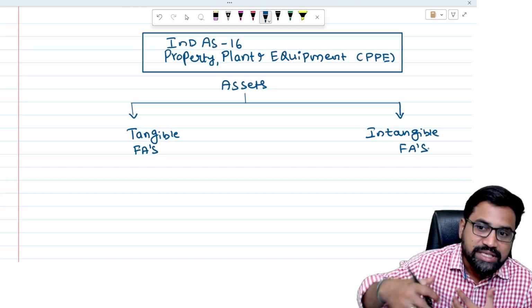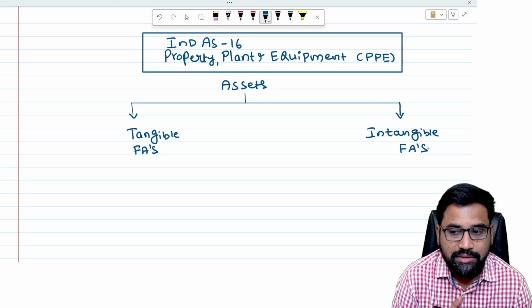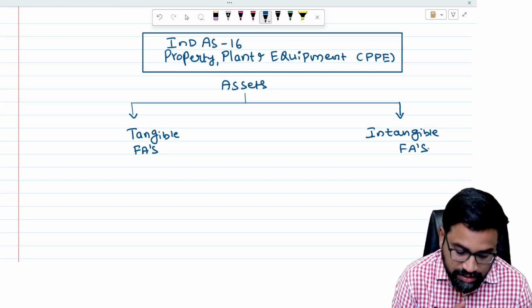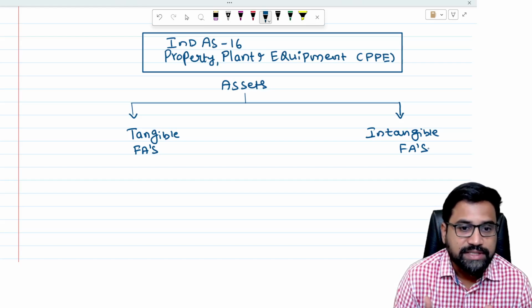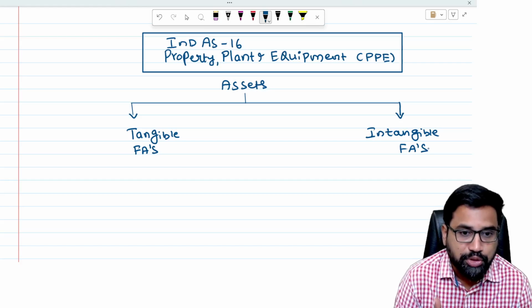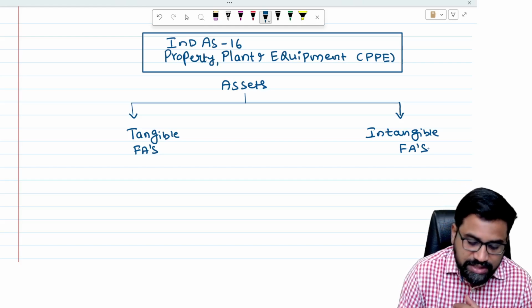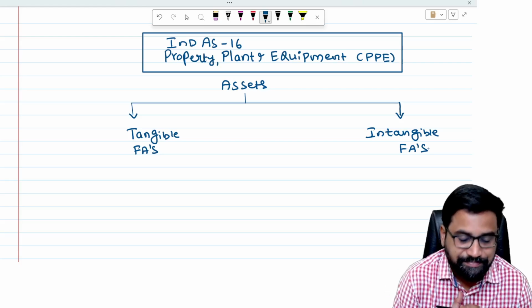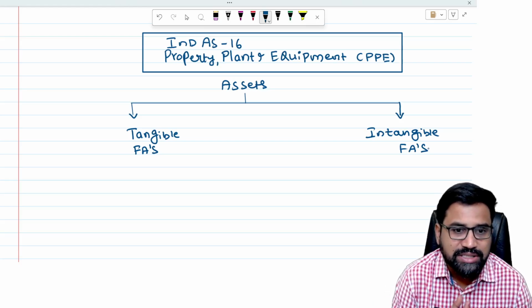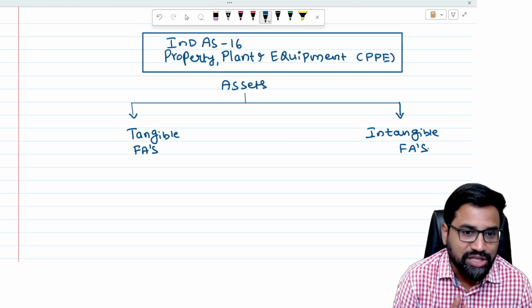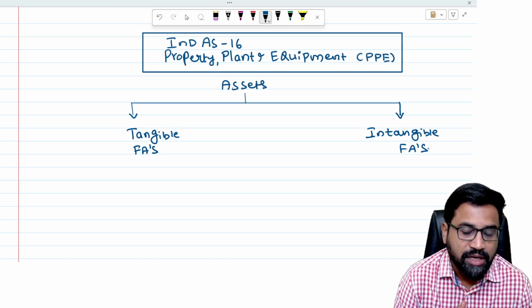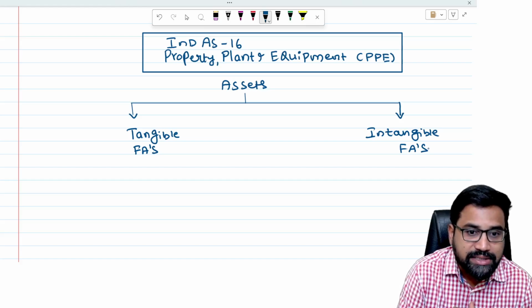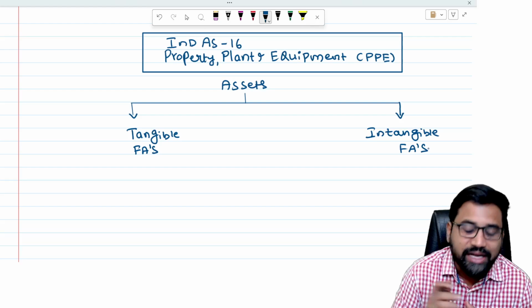Intangible fixed assets means they do not have any physical substance. Tangible fixed assets are like buildings, land, plant and machinery, office equipment, furniture and fixtures, computers, equipment, vehicles. All these are tangible fixed assets, physical assets. Intangible fixed assets means where physical substance is not there, for example software, patents, copyrights, trademarks. All these are intangible fixed assets.